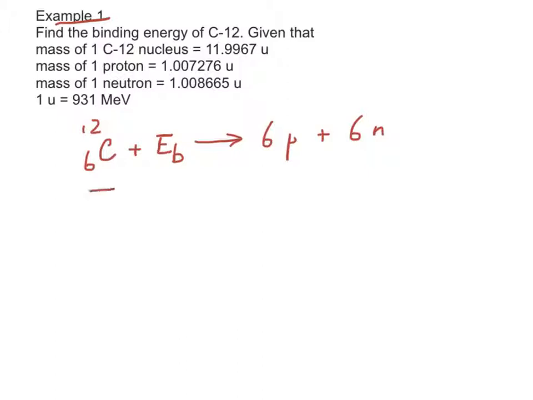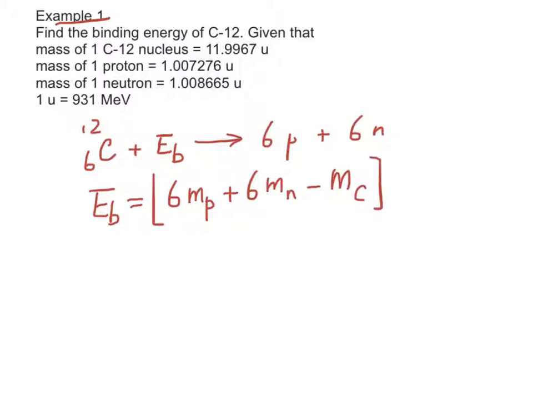Hence, the binding energy EB equals 6 times the mass of a proton plus 6 times the mass of a neutron, minus the mass of a carbon nucleus. Since the masses given are in atomic mass units, we multiply the mass decrease by 931 MeV.